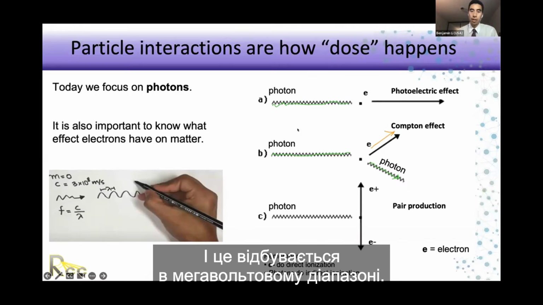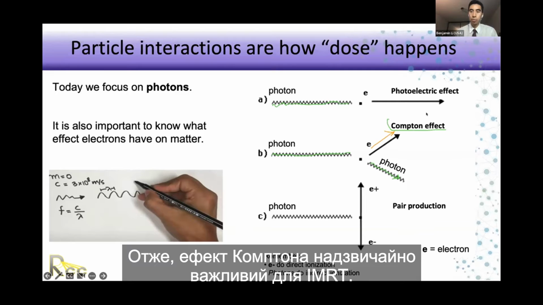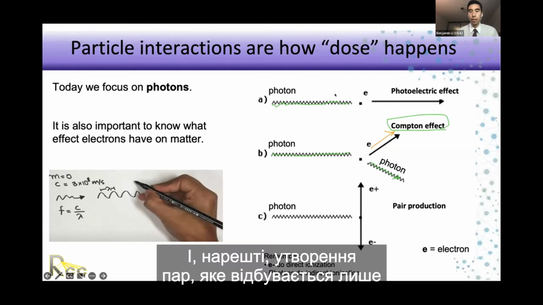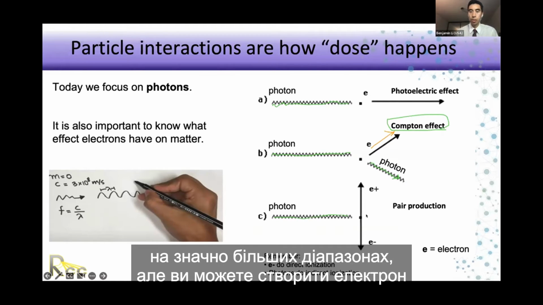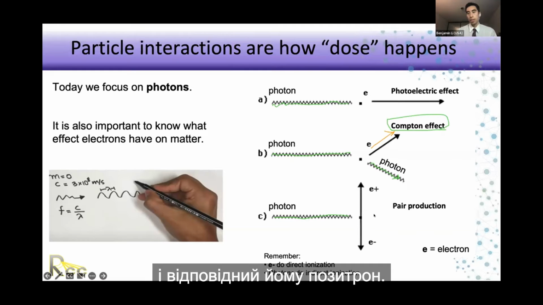This happens in the megavoltage range. So the Compton effect is super important for IMRT. And then lastly, pair production, which happens only at much higher ranges, where you can produce an electron and a counterpart, a positron.